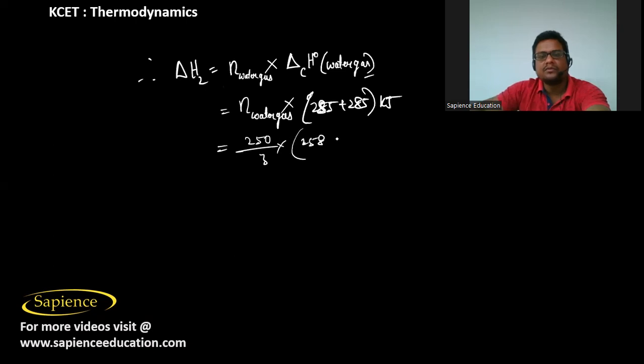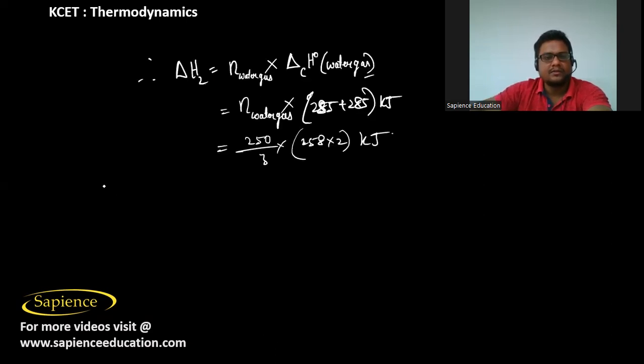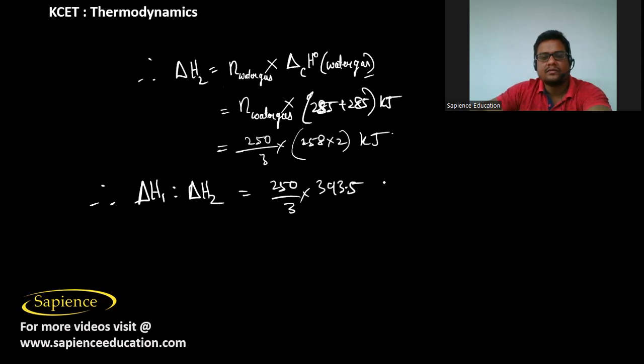That is 285 into 2 kilojoule. So now we have to find the ratio of delta H1 and delta H2, the ratio of heats that is liberated from the combustion of coke and by burning water gas, which is obtained from 1 kg of coke. So therefore we have to find the ratio of delta H1 is to delta H2. So that will be equal to 250 by 3 into 393.5 kilojoule is to 250 by 3 into 285 into 2 kilojoule.